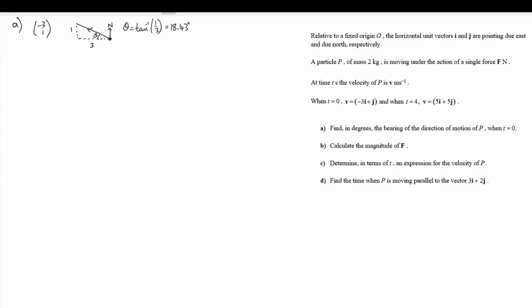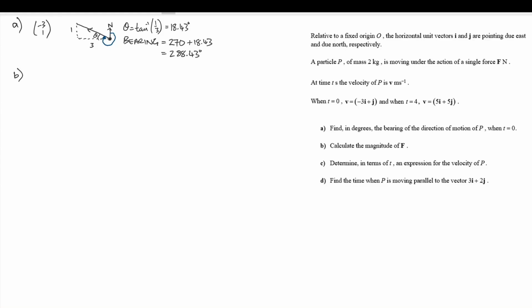So 3/4 of a turn gets us to the horizontal dashed line. 3/4 of a turn is 270 degrees, and we're going to add theta onto that. 270 plus our theta, 288.43 degrees.